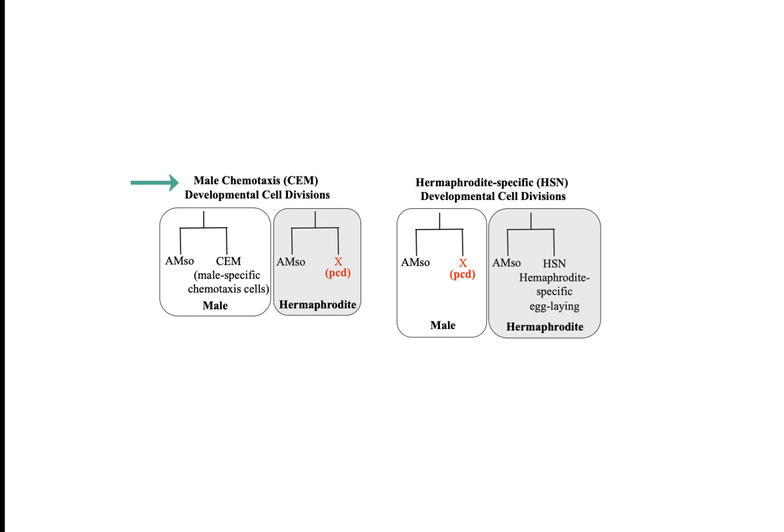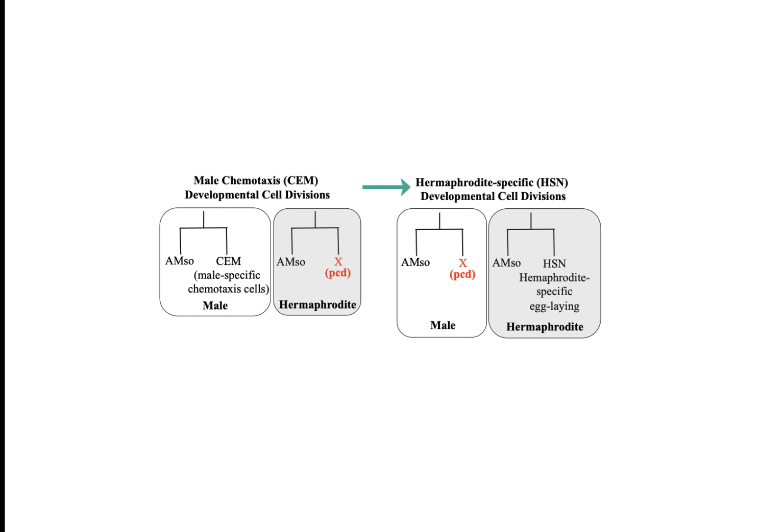So in a male, during a certain cell division, the CEM cell develops normally, whereas in a hermaphrodite, which does not need to find a female, that cell dies. There's programmed cell death.